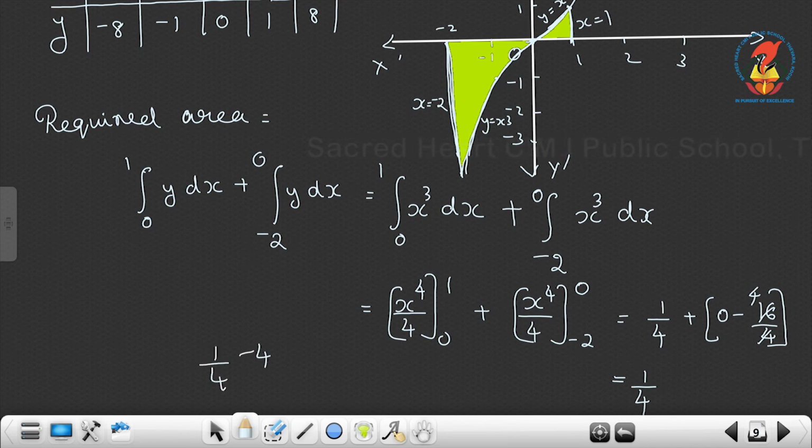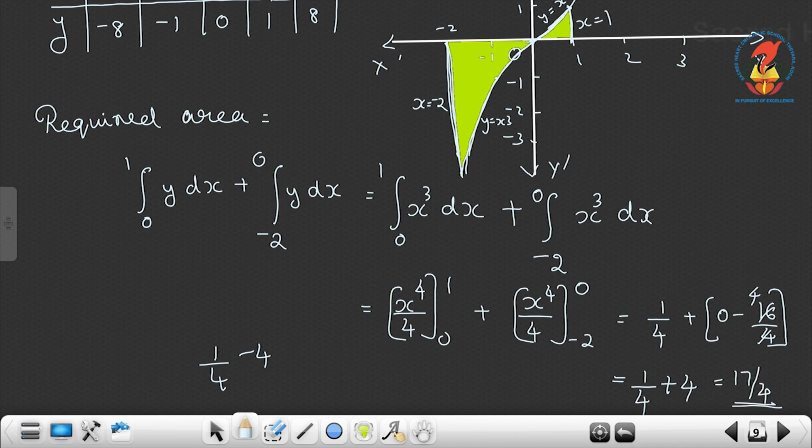This minus 4 indicates the area of the left hand side. Since area is positive, you have to write it as a positive quantity. Or you can write in the left side a minus sign, or put the modulus symbol. So here you have to take plus 4. So it is 17 by 4.